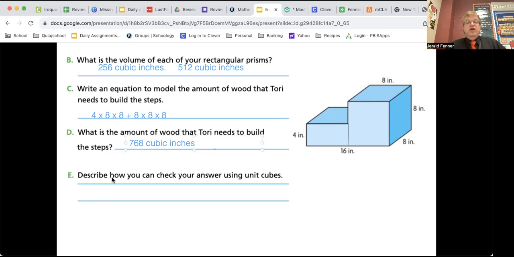Describe how you can check your answer using unit cubes. Well, you need a lot of unit cubes. You could build the figure and count the cubes.